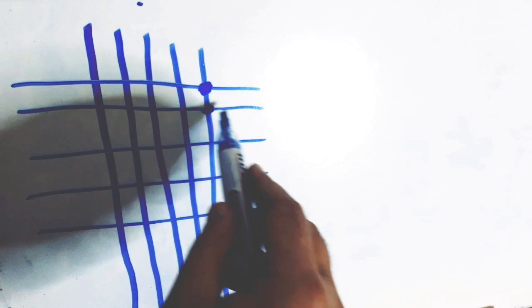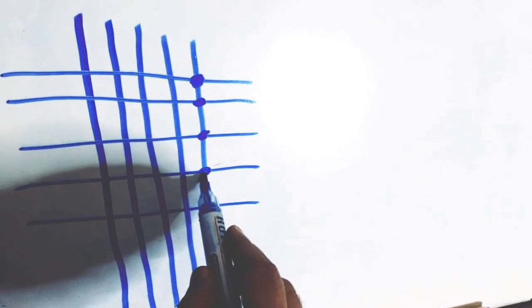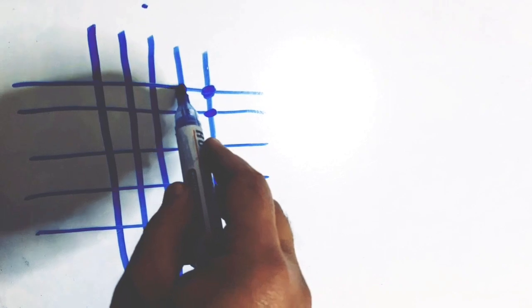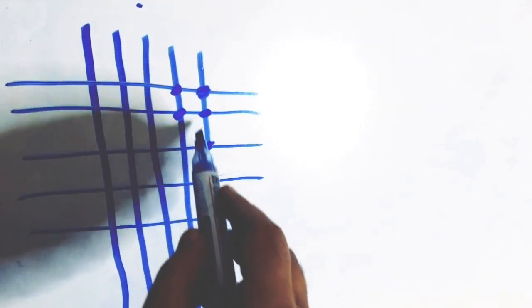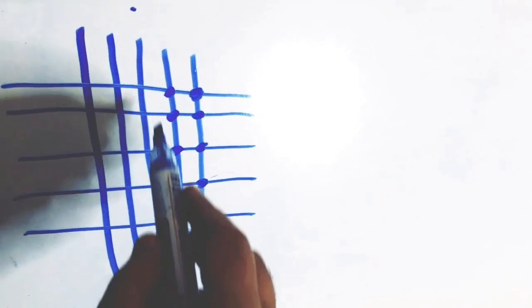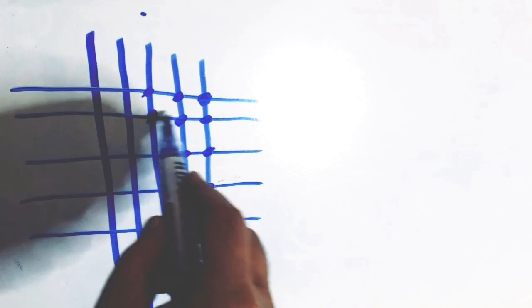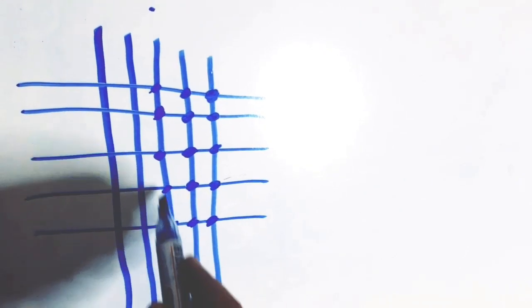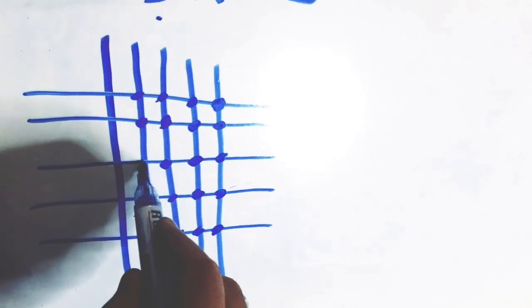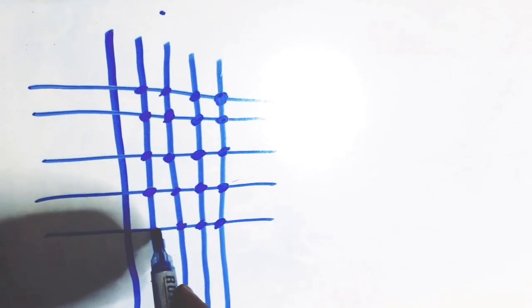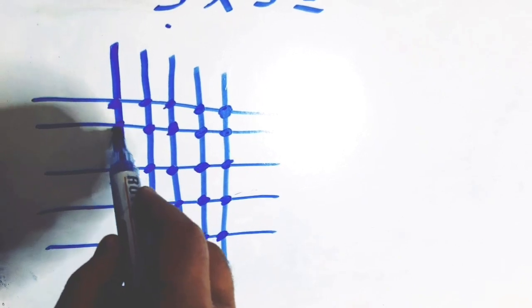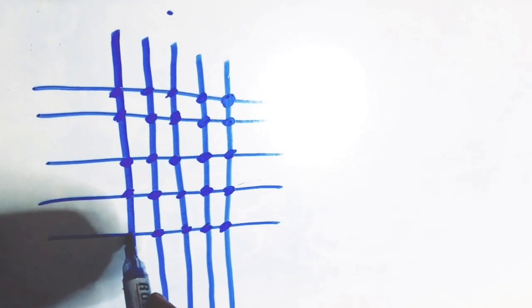Intersectional point, we put here dot, dot, dot, dot, dot, until we finish marking this pattern with dots. I like this method and this trick so much. Now we have finished putting all the dots.